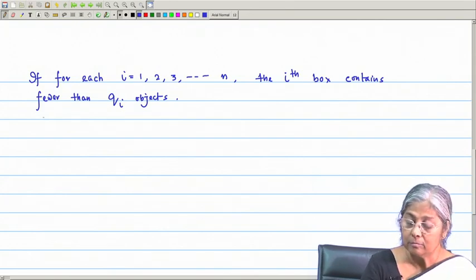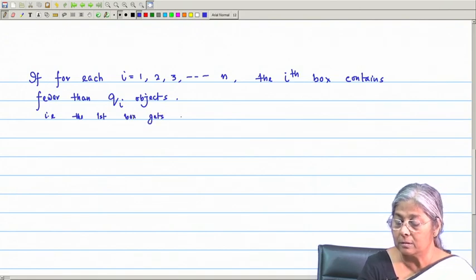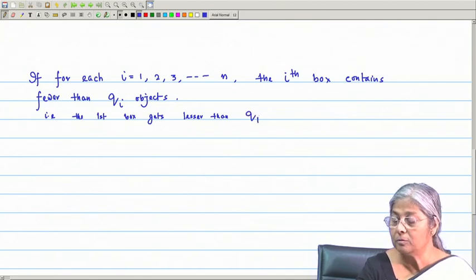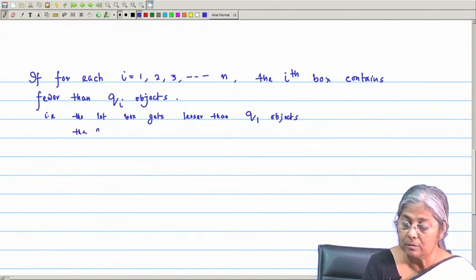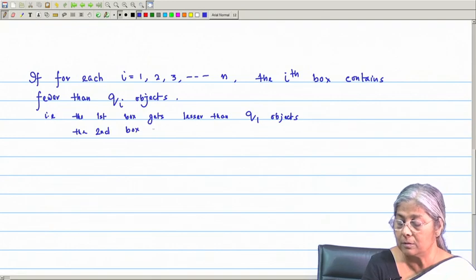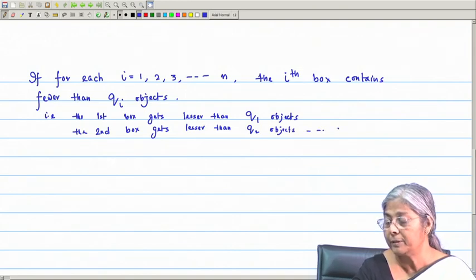That means the first box gets fewer than q1 objects, the second box gets fewer than q2 objects, and so on.